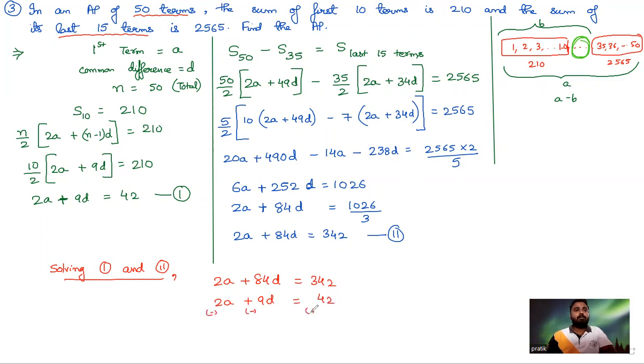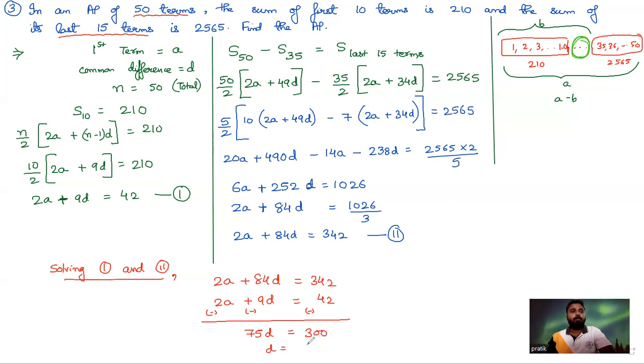Subtract. From subtracting, we get the equation as, this gets cancelled. This is 84, so 84 minus 9 is 75, so 75d is equal to 300.